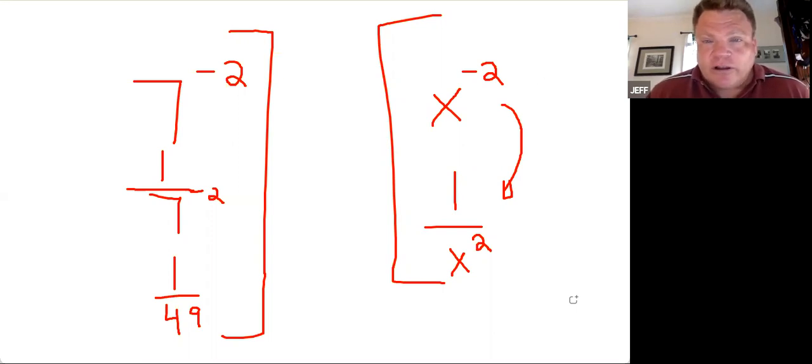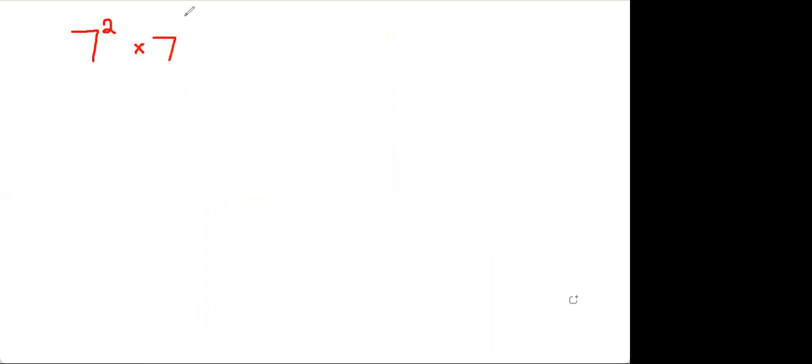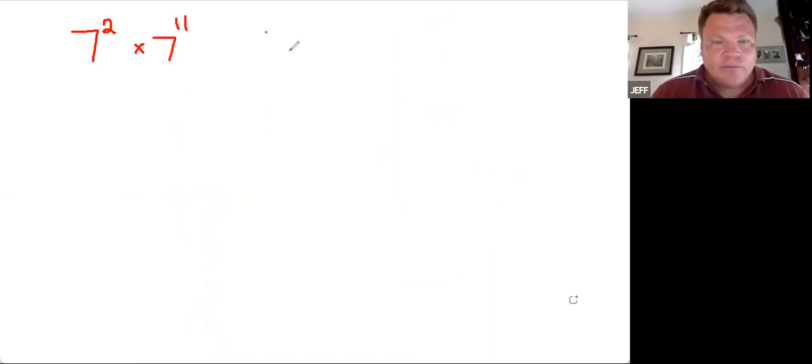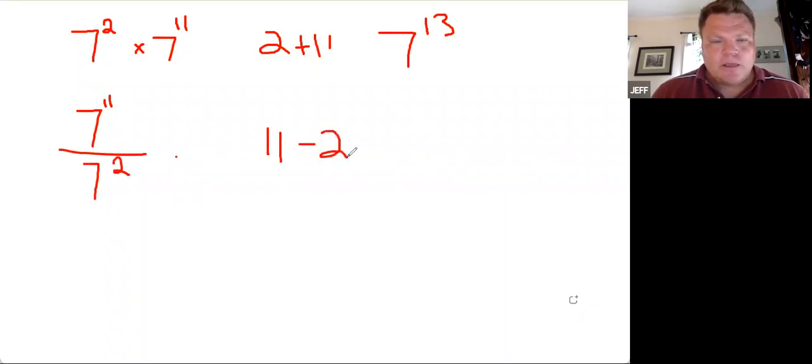So I'm going to clear it out. If the big numbers multiply, the little numbers add. If the big numbers divide, because that goes down, fractions always go down, then the little numbers subtract.